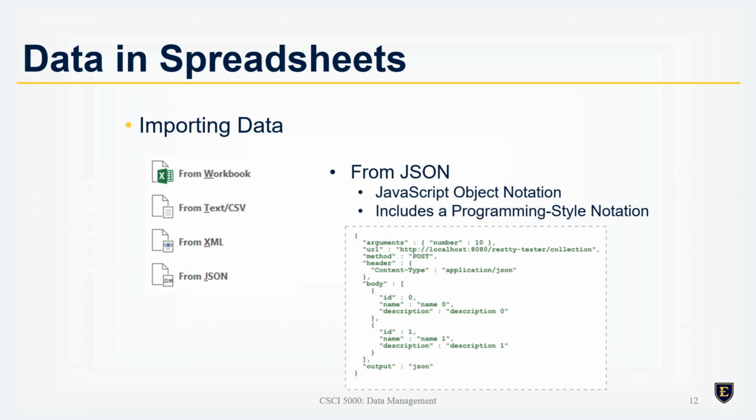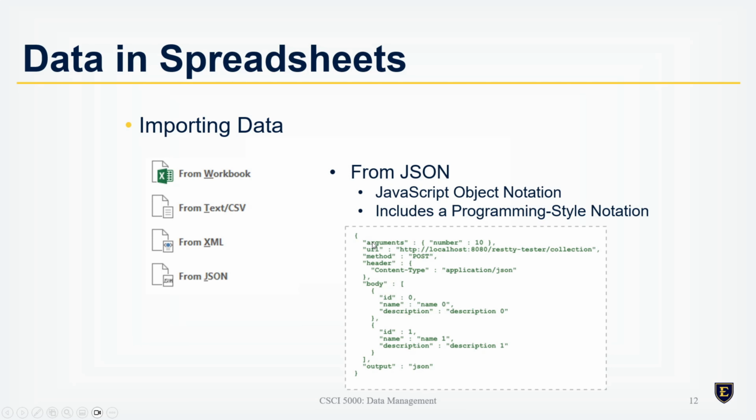Another type of file that is very common today is JSON, which stands for JavaScript Object Notation. It's more of a programmatic style, and JavaScript, of course, is a programming language. This is very similar to how that would be structured. If you look at this, it is quite similar to the way XML is structured, and you can have nested things inside.